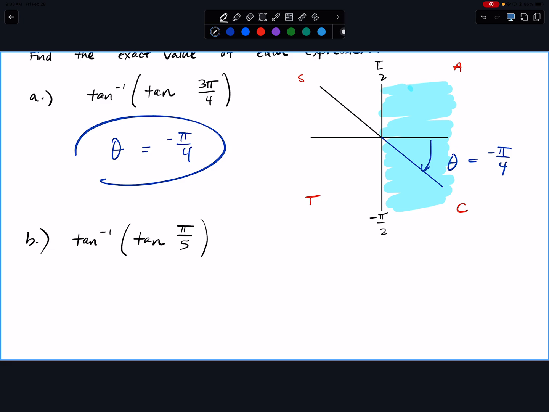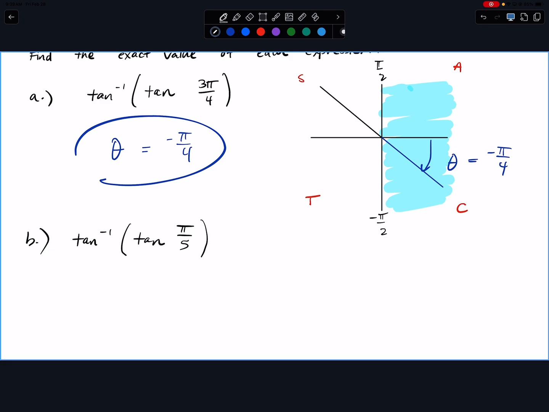No? Okay, but let's do some quick thinking. Is this a very large angle? No. What's pi in degrees? 180. 180 divided by 5, guys, is that going to be very big? Do you guys know what that is?